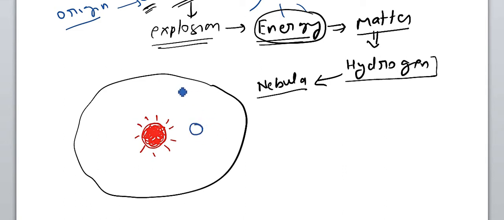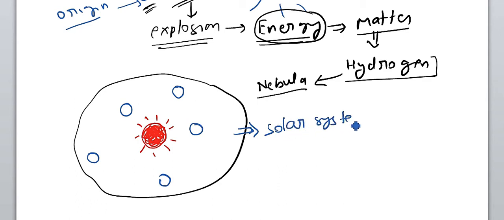So there was the formation of the planets as well, right? So these are the planets. In this way, the solar system and the galaxies were formed.